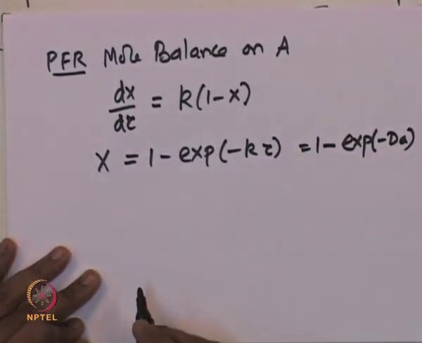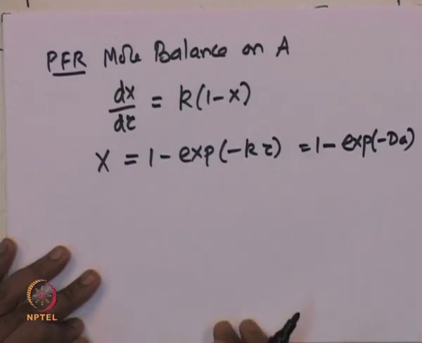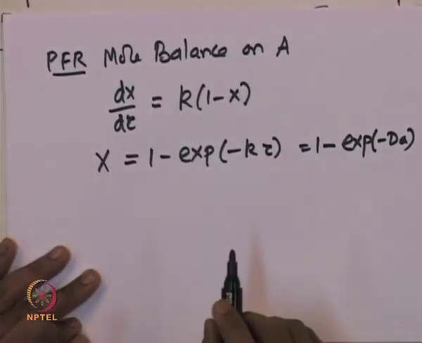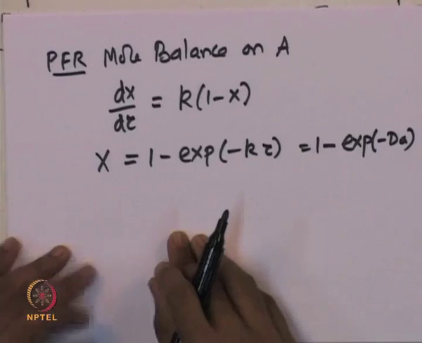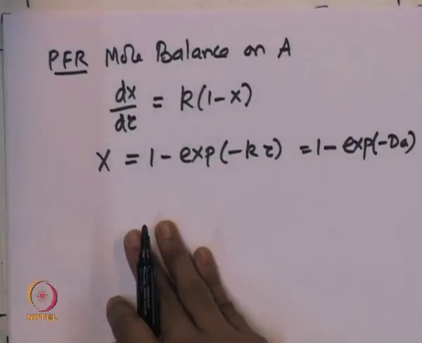So, therefore, the conversion that is achieved by using a completely segregated model is exactly equal to the conversion achieved by an ideal plug flow reactor for a first order reaction. In fact, we observed this in one of the lectures before, that if it is a first order reaction, then the RTD function alone is sufficient to estimate the conversion, and the level of mixing does not play any role. So, we will see in a short while why that is the case.